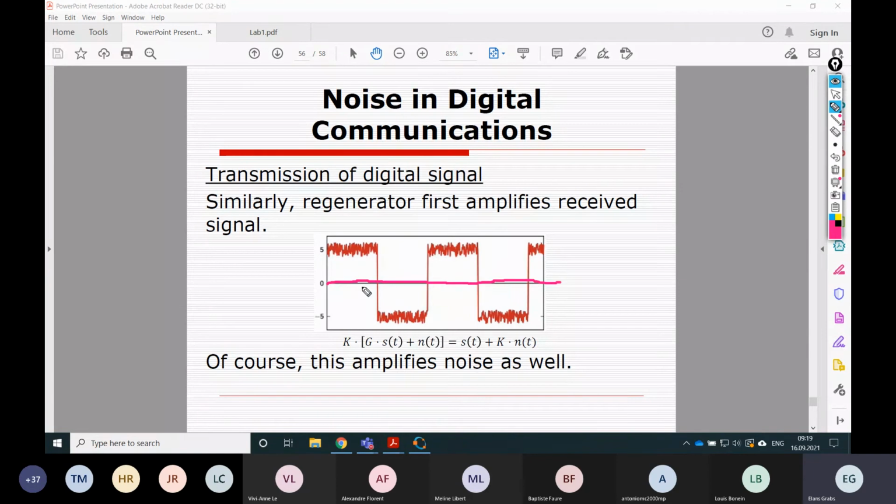So if the signal is above 0, it is 1. If the signal is below 0, it is 0. And therefore we replace 1 and 0 with the corresponding voltage level. For 1 we have 5 volts. For 0 we have minus 5 volts.